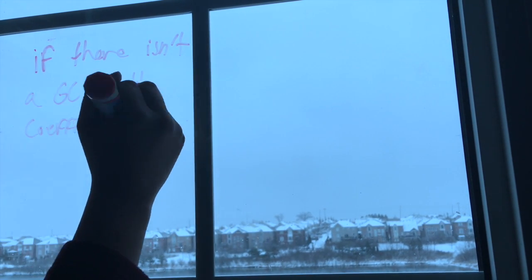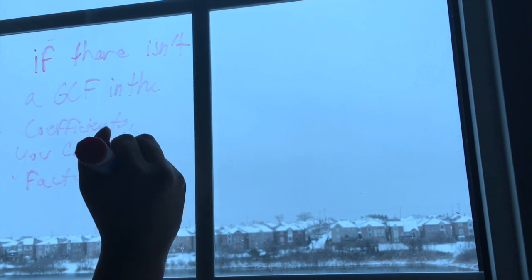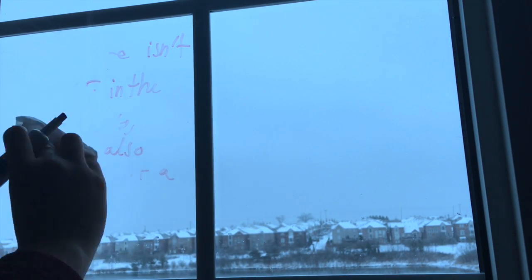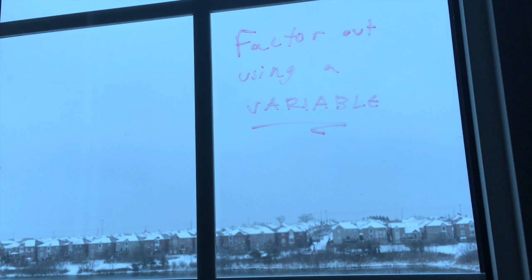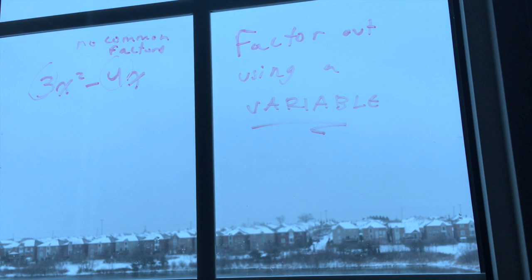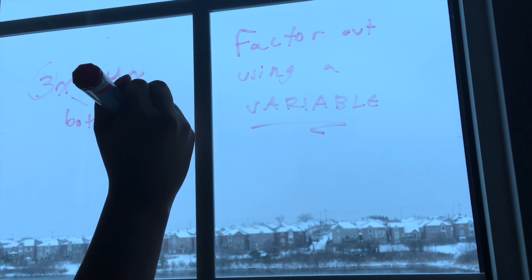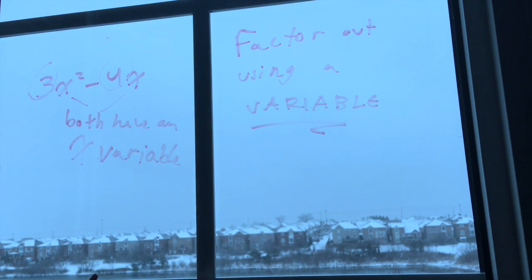Now, if there wasn't a GCF that was a coefficient, what do you do? Well, look if there is a GCF that is a variable. Do all the terms in the expression have the same variable? For example, this one, 3x squared minus 4x. You know that 3 and 4 don't have any common factors.